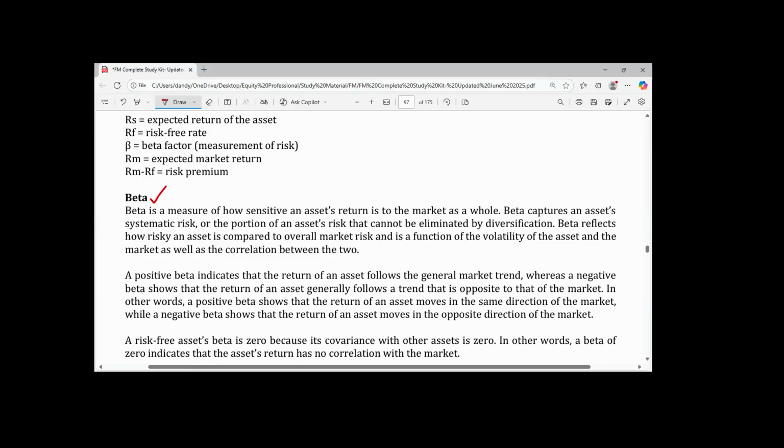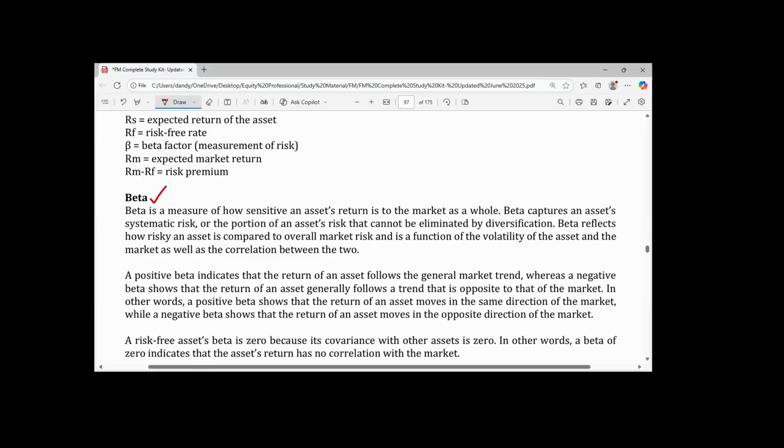When you want to measure the degree of change of asset return relative to the market as a whole, then you are calculating beta. And there are three types of beta.